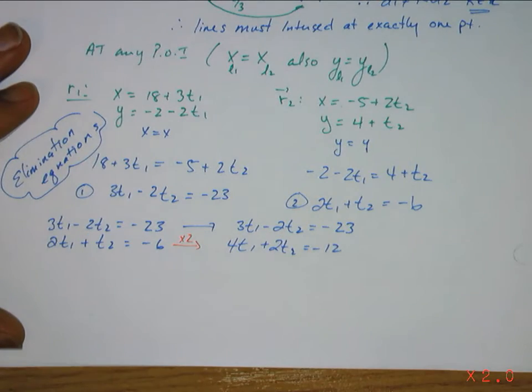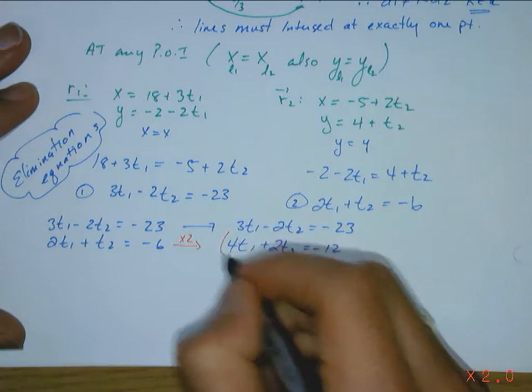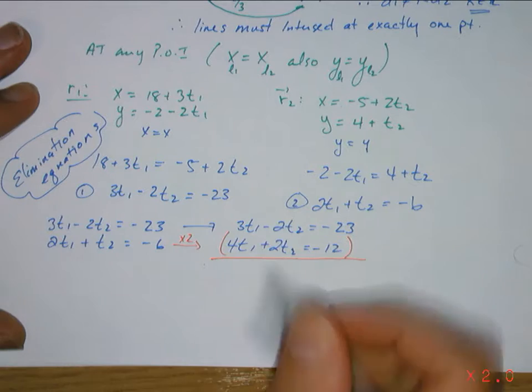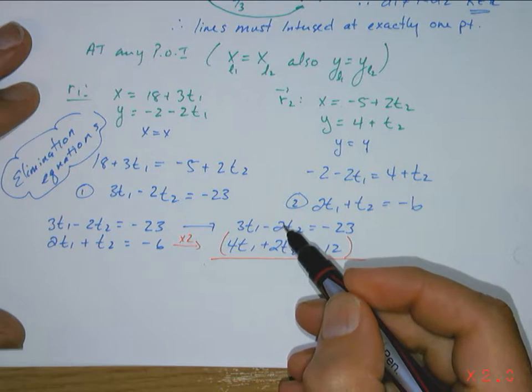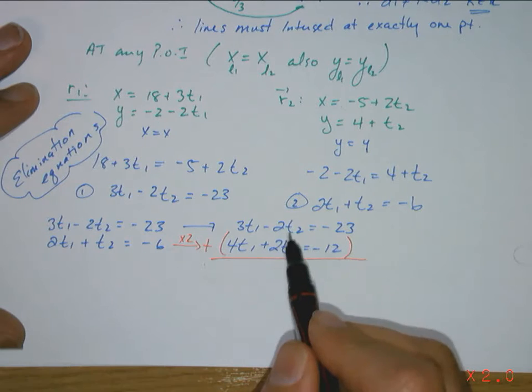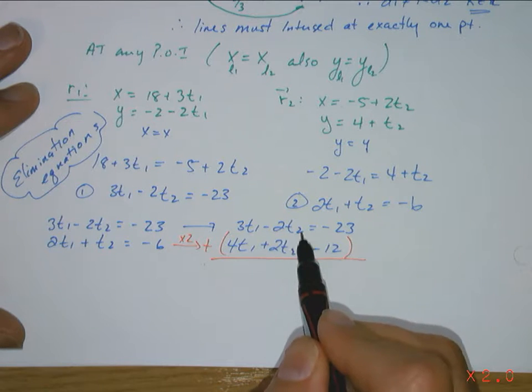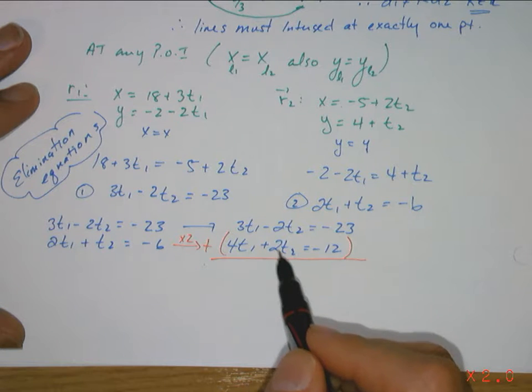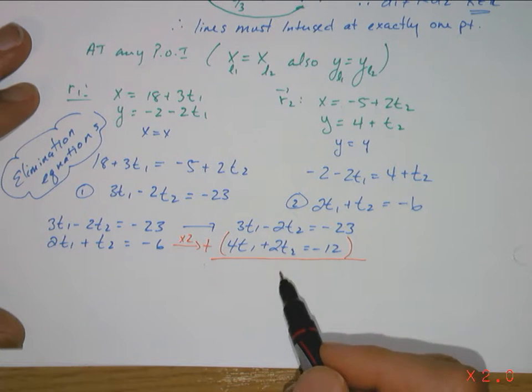Okay, what we're going to do with this now is we're going to use the process of elimination. So we do a line and brackets. The signs are the same, so we want to add them. What are you doing? Well, we're adding. If we take negative 2 t2s and add it to 2 t2s, then we're going to get 0 t2s.